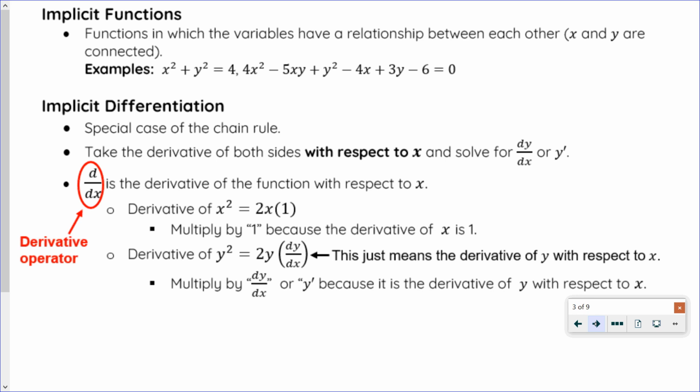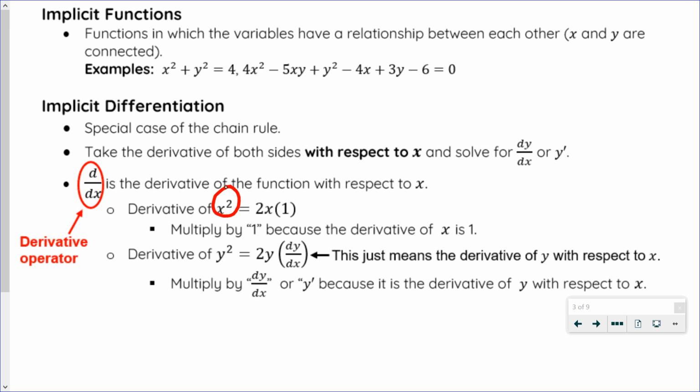So, taking the derivative of both sides with respect to x. For example, if I have x squared, the derivative with respect to x is just bring the exponent down, 2x, and since it's only just x, the derivative of x is 1. So I just multiply it by the 1, and it just becomes 2x.